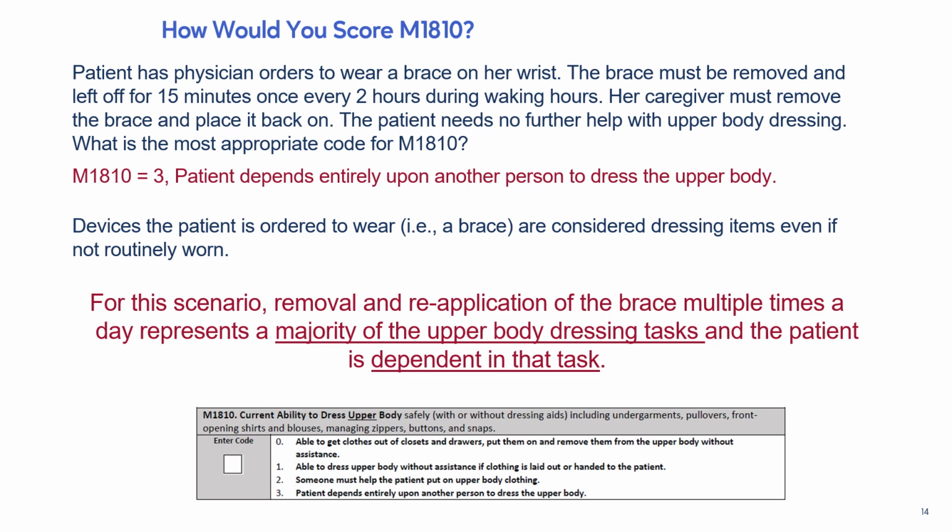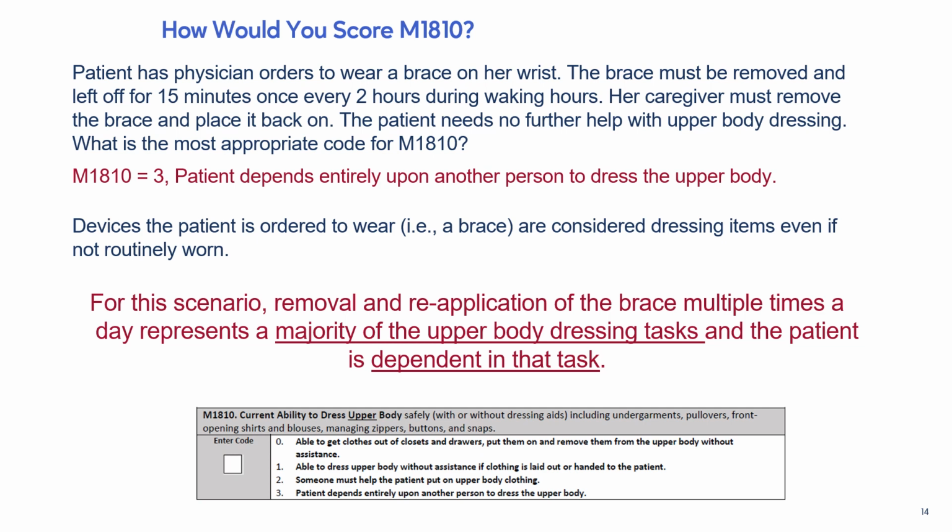So for the scenario, the removal and reapplication of the brace multiple times a day represents a majority of the upper body dressing tasks, and the patient is dependent in that task. So this is how we got to that score of M1810 equaling 3, where the verbiage is patient depends entirely upon another person to dress the upper body.